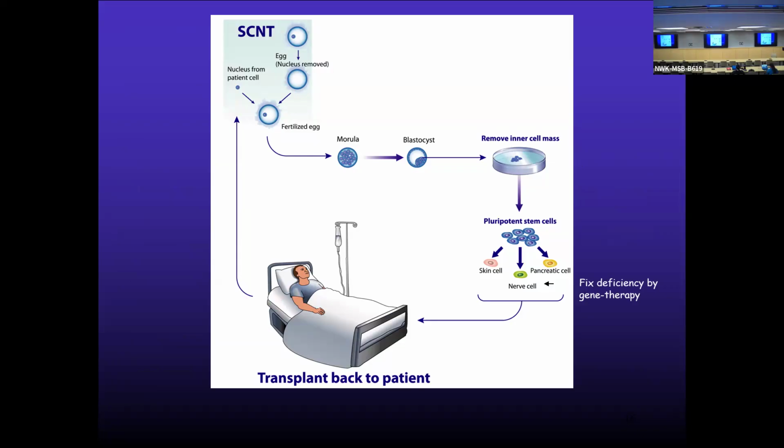From that patient, a punch biopsy, we take the nucleus and we put it into the egg. And then we stimulate that fertilized egg and we give rise to embryonic stem cells, nuclear transfer embryonic stem cells. We can even fix the mutation if we know it and put it back into a patient. So we close the circle here with the somatic cell nuclear transfer.